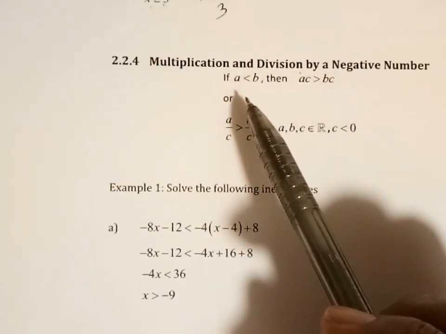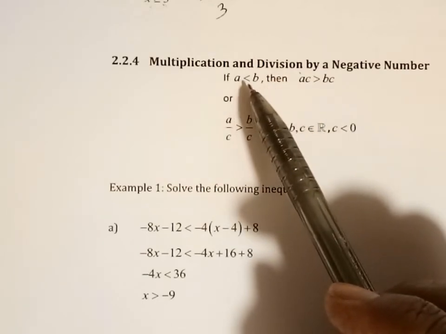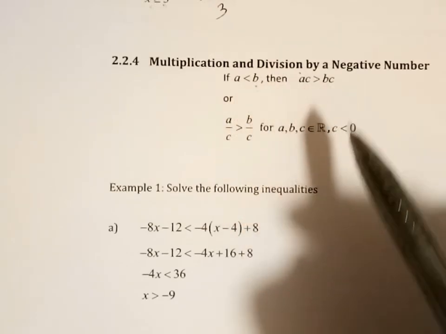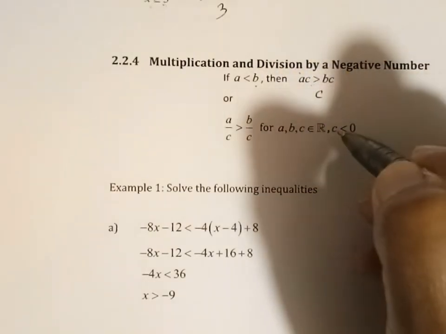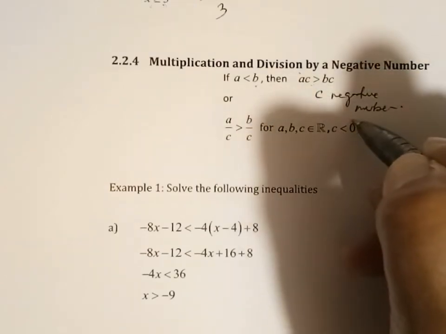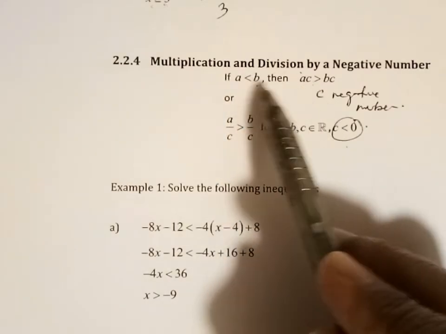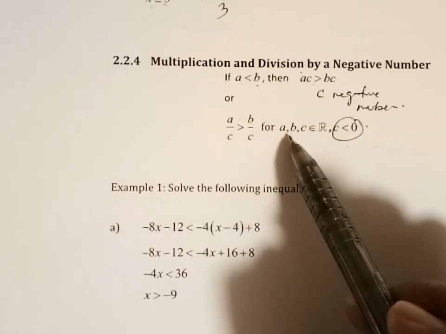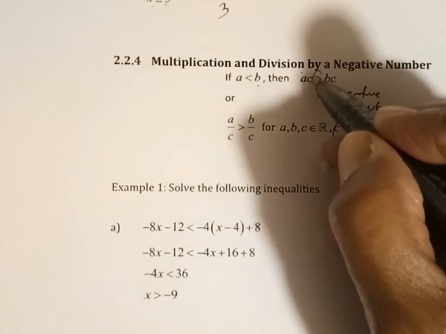For this, we change the sign of the inequality. If A is greater than B, and C is a negative number, meaning C is less than 0, then A multiplied by C and B multiplied by C, the symbol is changed.